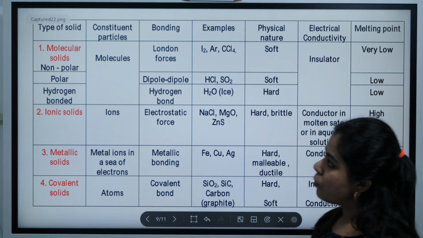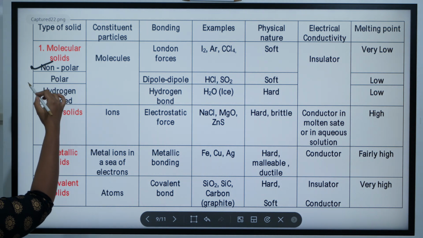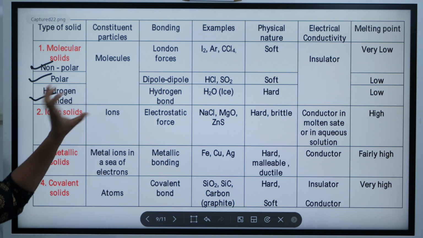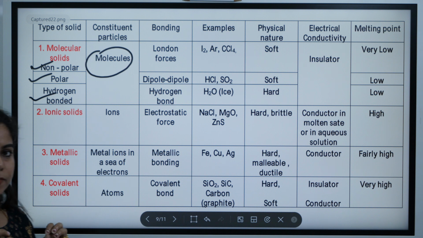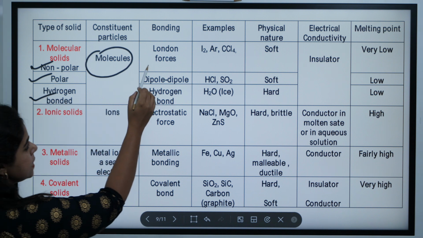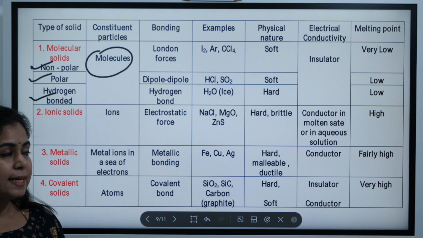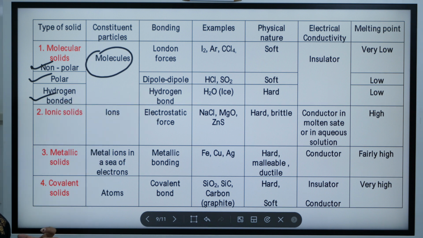So let's start with the molecular solids. As I already said, there are three types: non-polar, polar and hydrogen bonded. In the case of molecular solids, the constituent particles will always be molecules. In the case of non-polar solids, the molecules are held together by London forces, whereas in the case of polar solids, the force of attraction will be dipole-dipole interaction.